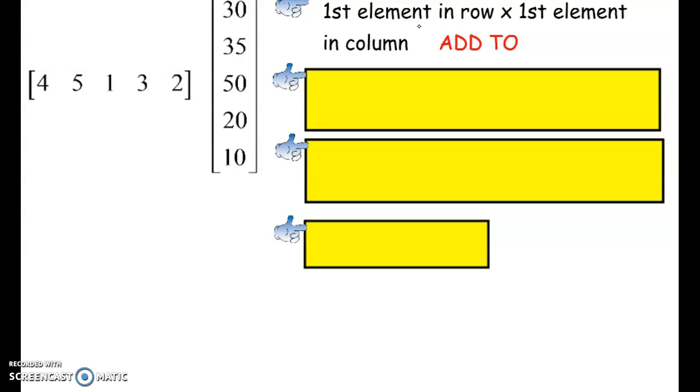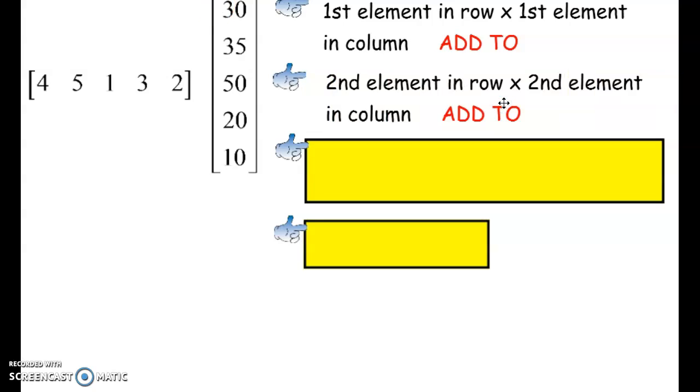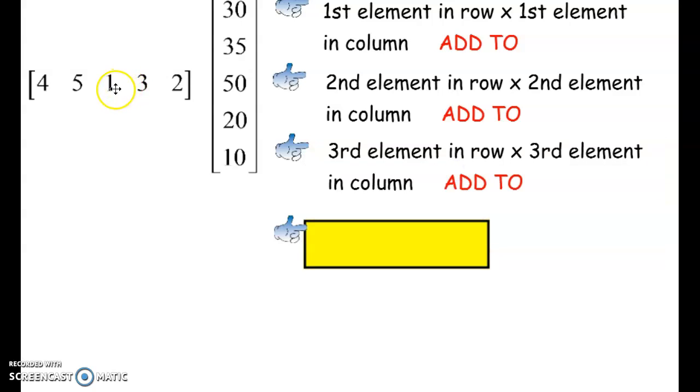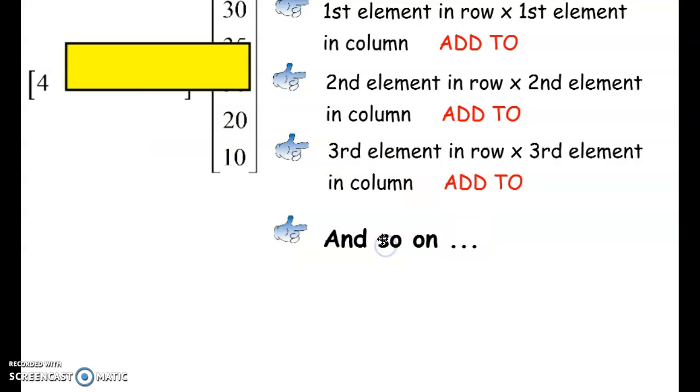We're going to take that number, so 4 times 30, and add to the second element in the first row times the second element in the first column. And then we're going to take that number and add to the third element in the first row times the third element in the first column, and so on. All right, so let's practice one of these.